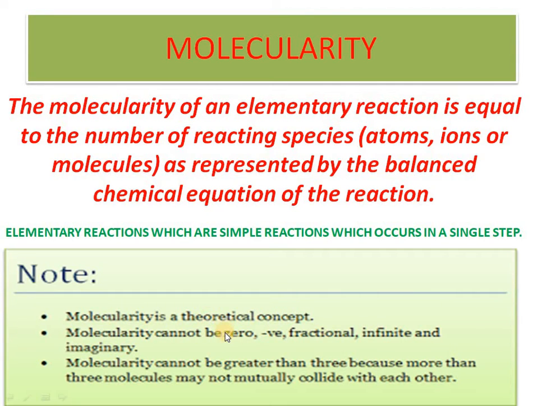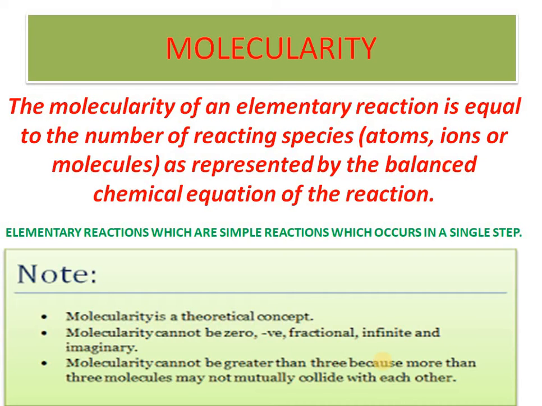Molecularity cannot be zero. Earlier we discussed that order can be zero, negative or positive, but here it will always be positive. It cannot be a fraction. It cannot be zero. It cannot be negative. And this is a theoretical concept. Molecularity cannot be greater than 3 because, have you seen four cars colliding simultaneously?